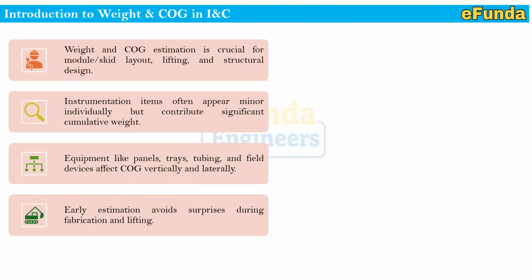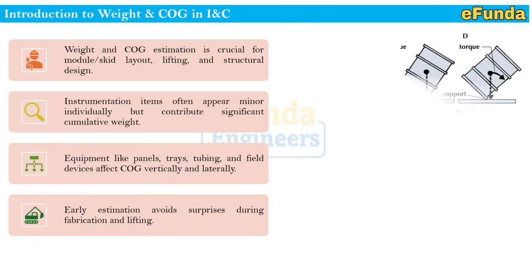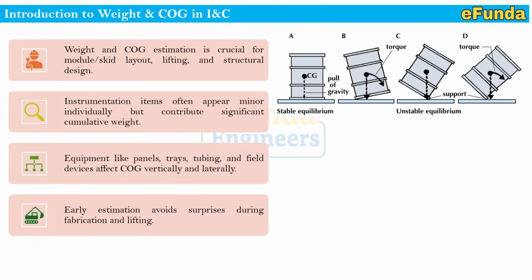One can refer to the first picture where the stable equilibrium and unstable equilibrium of the items are shown, where A refers to the center of gravity at the center, whereas for B, C and D one can see how the torque is applied and the center of gravity is changing. That is why it is called unstable equilibrium.